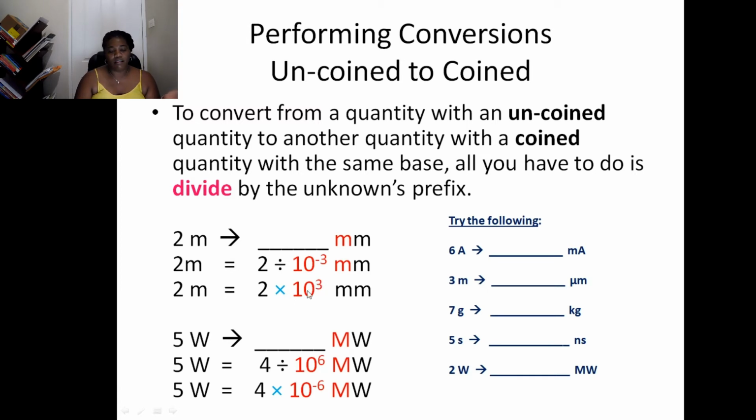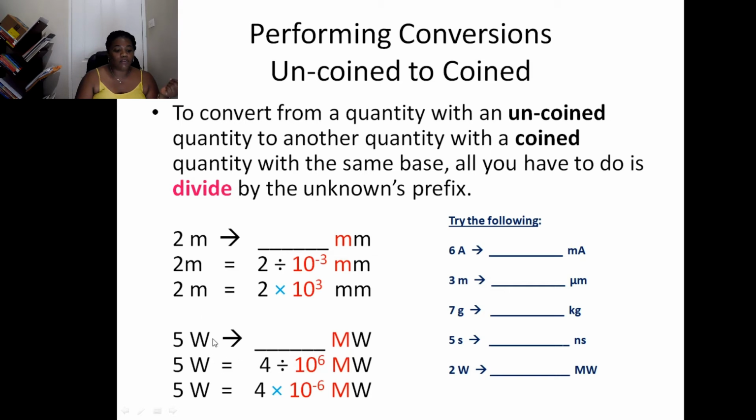Okay? And I'll tell you why in a minute. So you get rid of the sign and you use the same thing. You have 2 times 10 to the 3, which is positive millimeters. And the same thing here. In this case, you're going from watts to megawatts. And you know a megawatt is 10 to the 6.